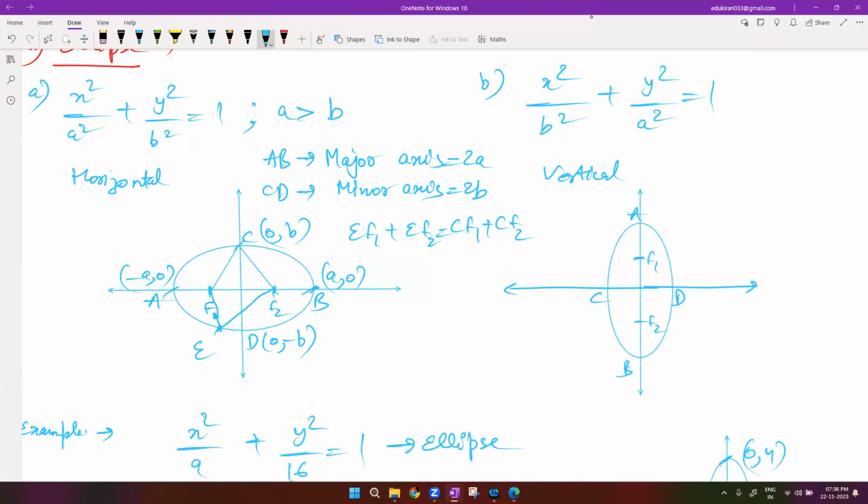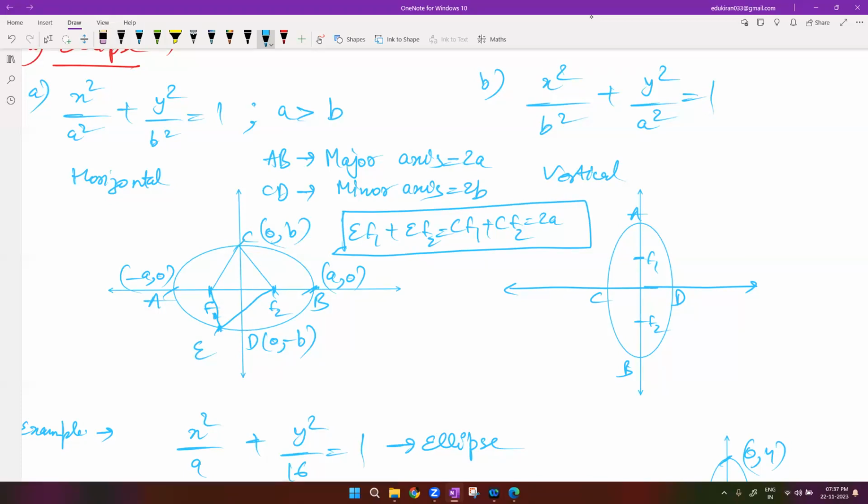Yeah, this sum is also equal to 2a, by the way. That is what I wanted to confirm. 2a is basically the length of the major axis. So this sum equals 2a, and this also helps you in finding the coordinates of F1 and F2, right? And how do we do that? We can observe this also. So let's take these points.